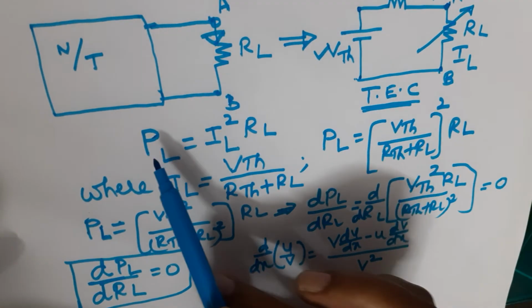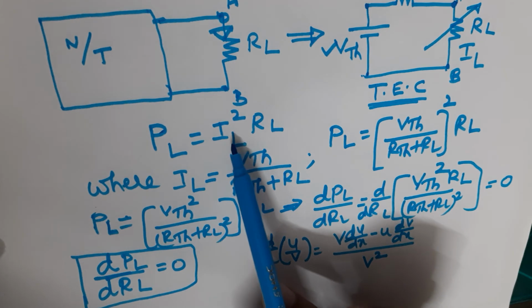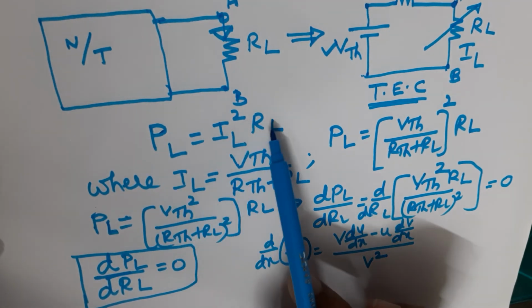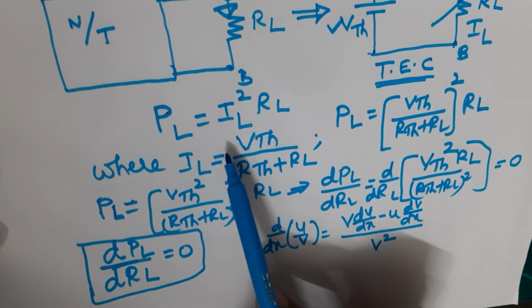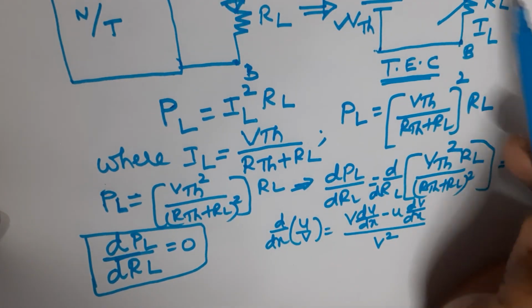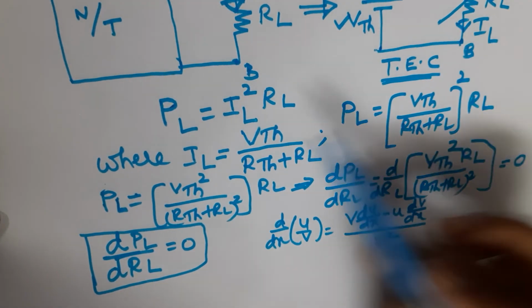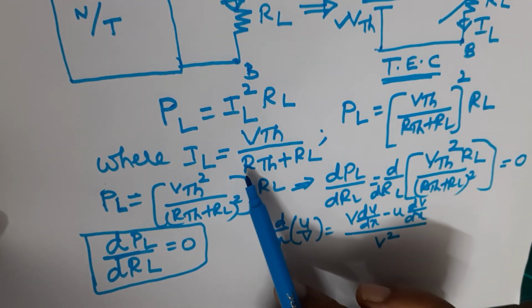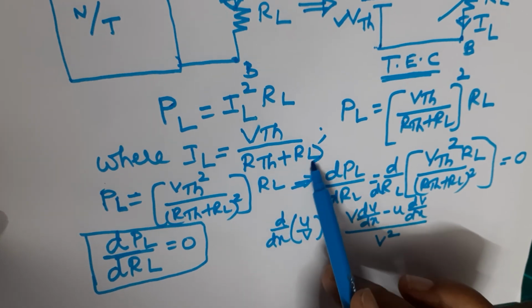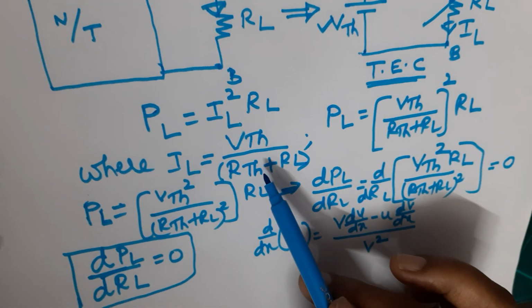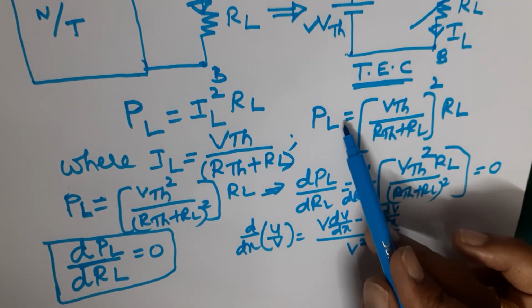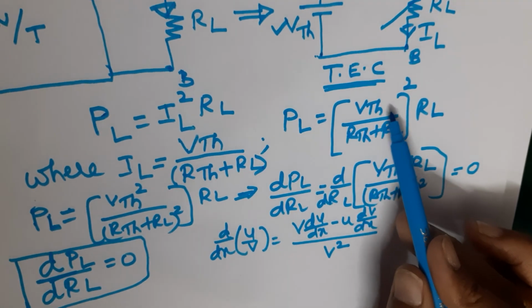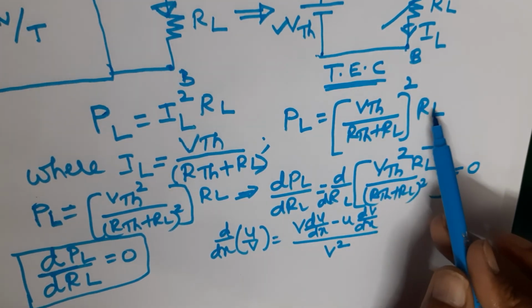That can be given by load power equal to IL² RL, where IL equals the load current from this circuit. This load current is given by VTH by (RTH + RL). So by substituting this value here, the load power is given by (VTH by (RTH + RL)) squared times RL.